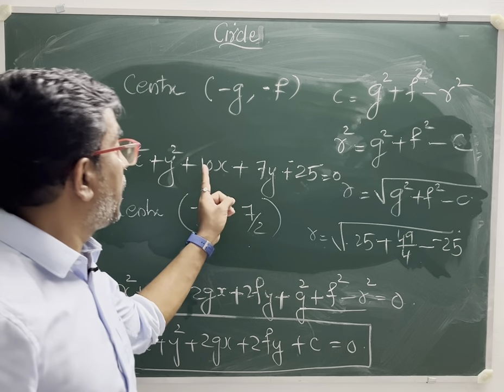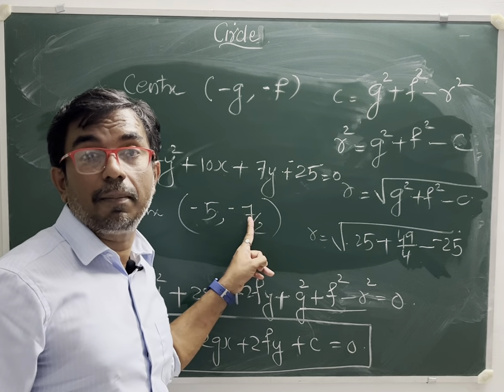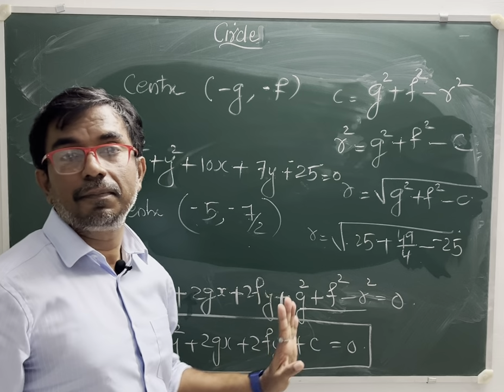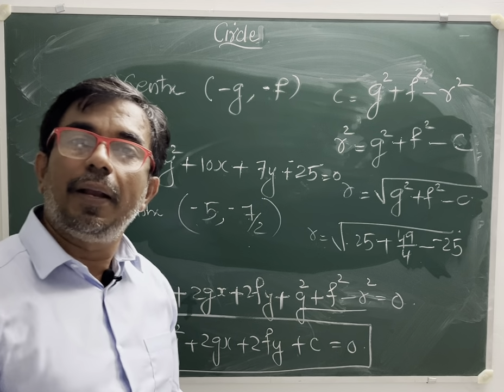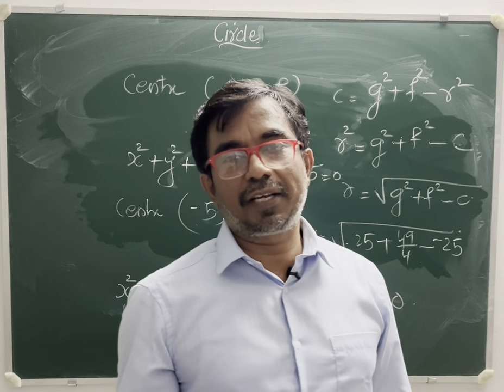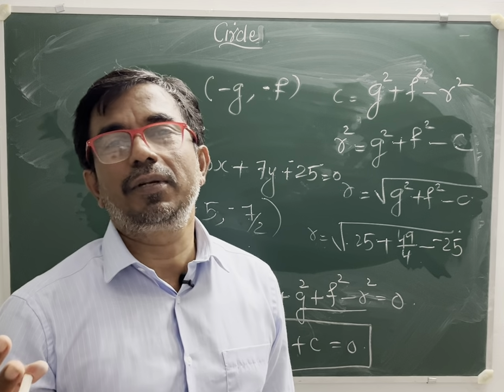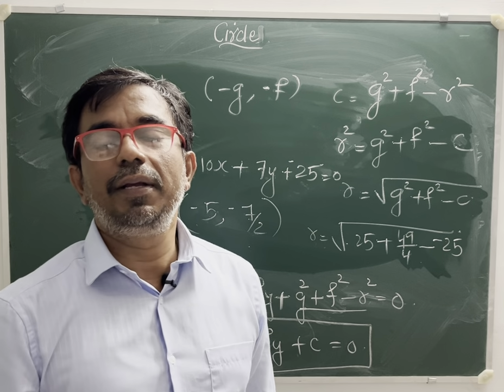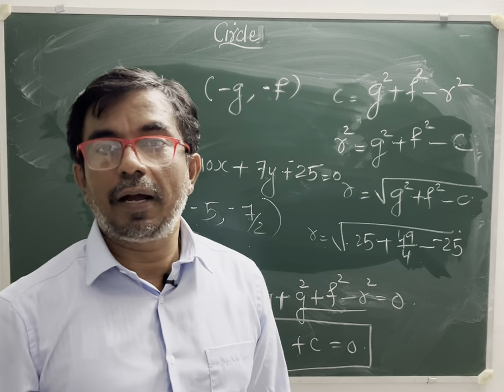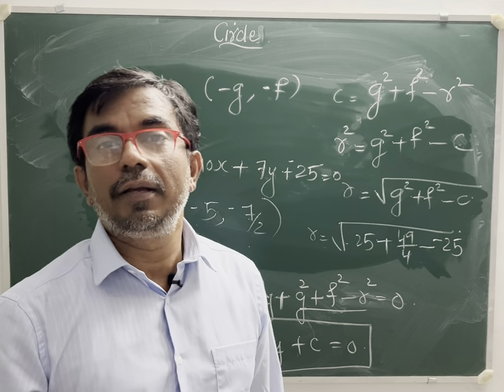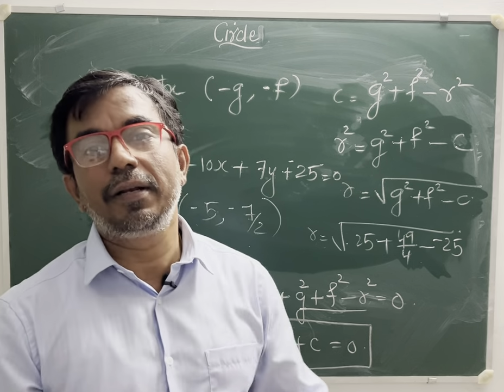And for the radius, you square those two things and subtract the constant. That way, the preliminary part of the circle is over. For applied math students, this much will be enough as a basic. Okay, if you need a little more, we will discuss it.